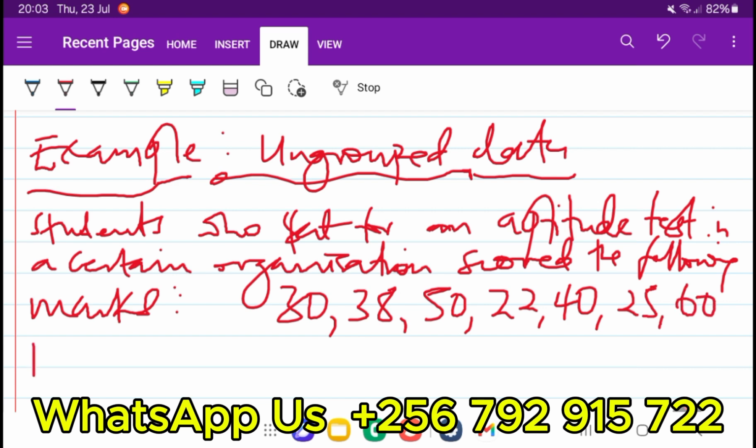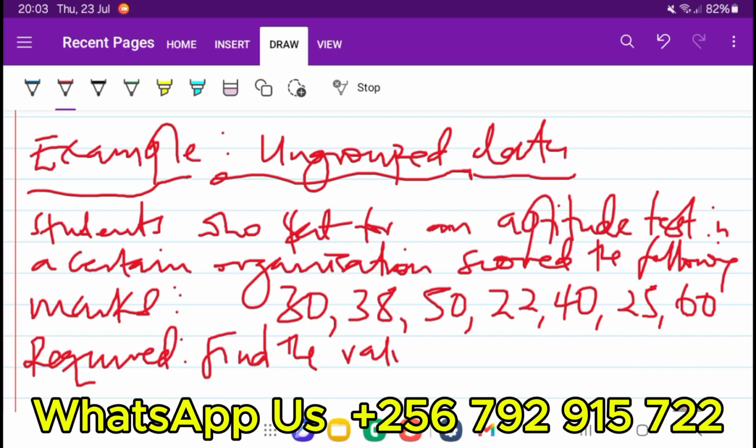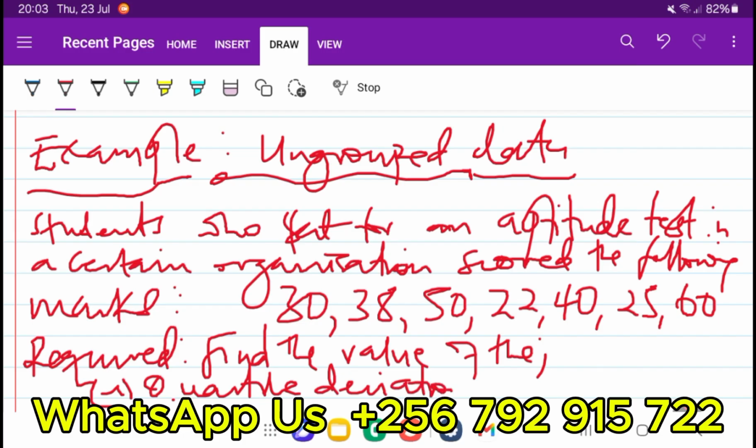Then the required is to find the value of part A, quartile deviation, then part B, the quartile coefficient.